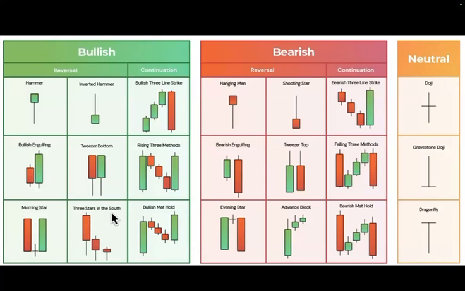You have the three white soldiers, and three white soldiers happen at the end of the bottom as well. That is a three candlestick pattern that happens at the bottom of a downtrend, or during the consolidation after a downtrend, signifying a potential reversal.